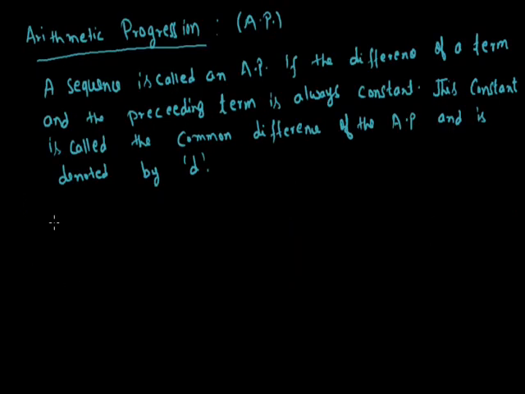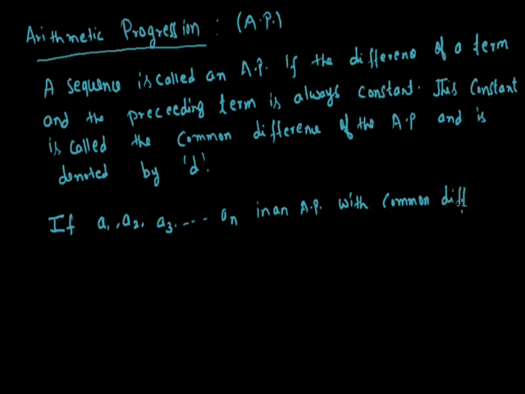Now if A1, A2, A3 and so on, An are in an AP with common difference d, then A2 minus A1 equal to d.